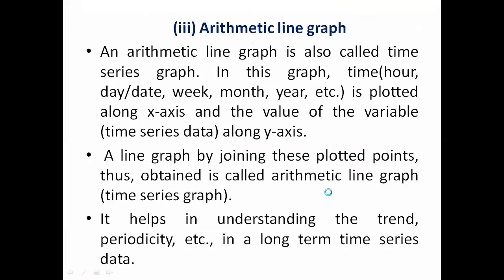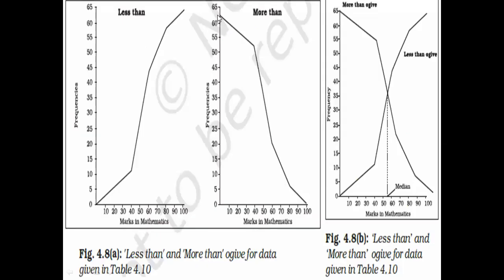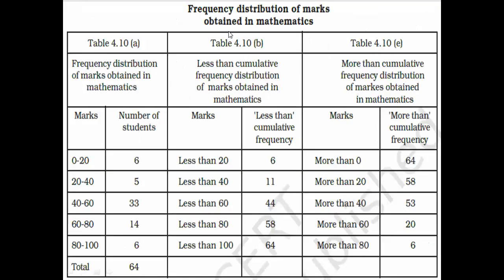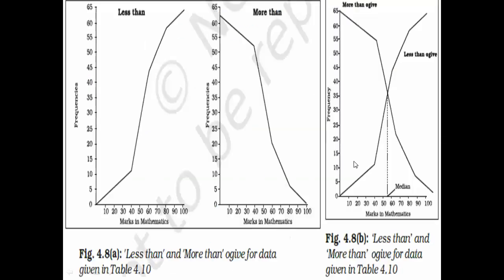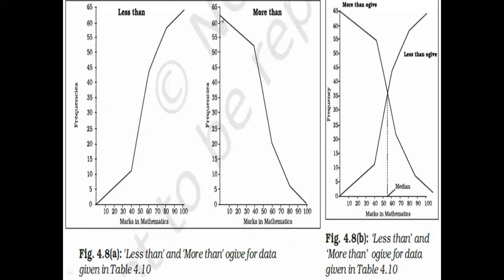Like that, in more than, how it happened: more than 0 is 64, it will start from the upper side here. See, at 64 this point it is touching. Likewise, if it is more than 20, 58. You can see 58 will be near about this area.